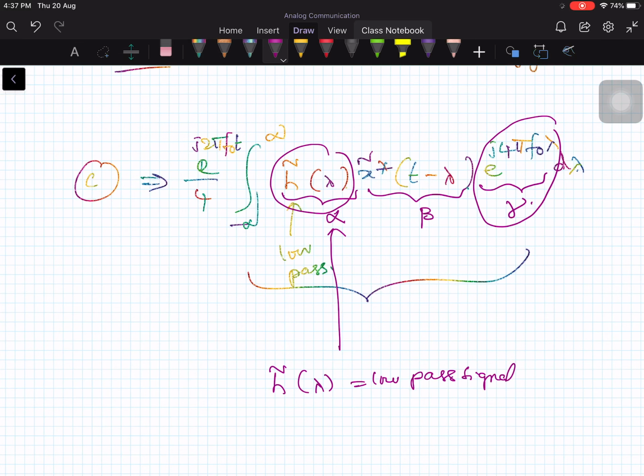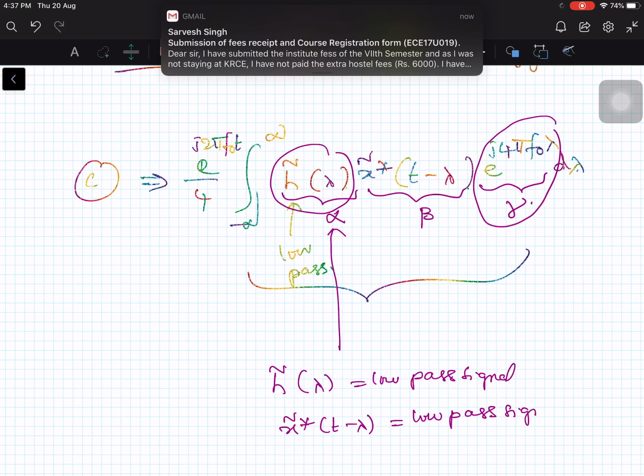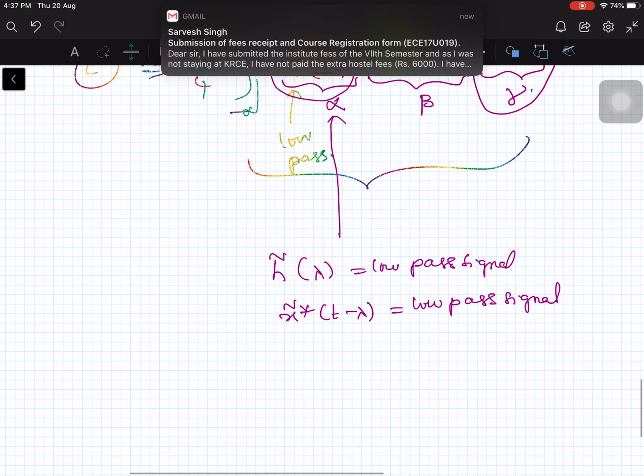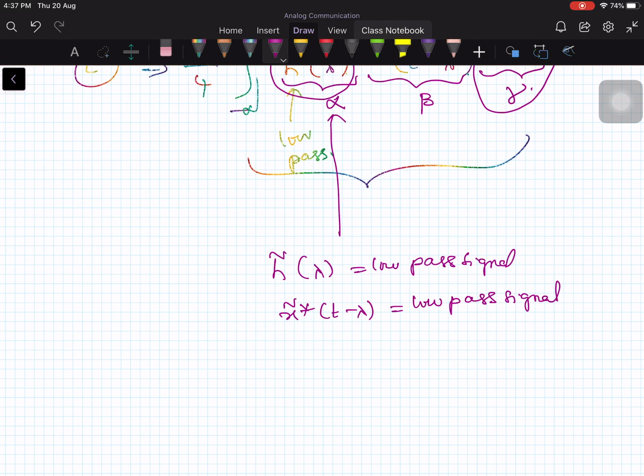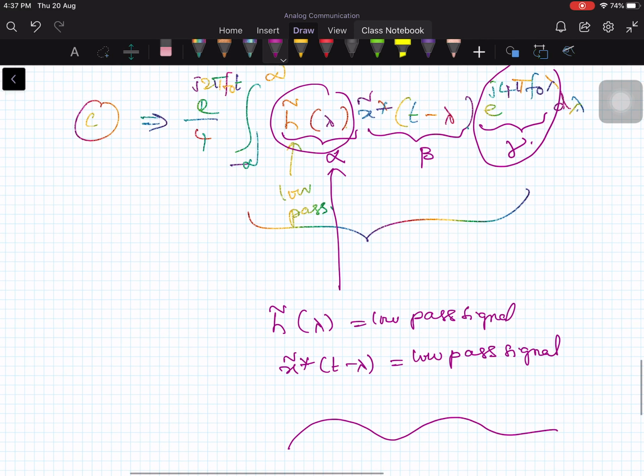So h tilde of lambda is a low pass signal. Similarly, the beta term, x tilde conjugate of t minus lambda, is also a low pass signal. That means it is slowly varying like this. Now this signal is multiplied by this term.